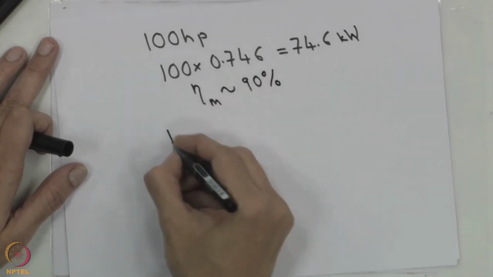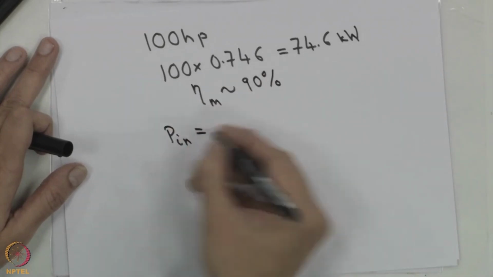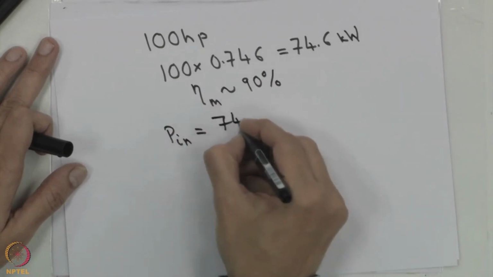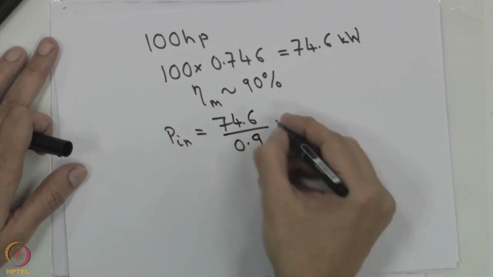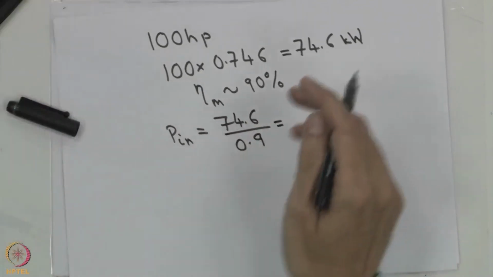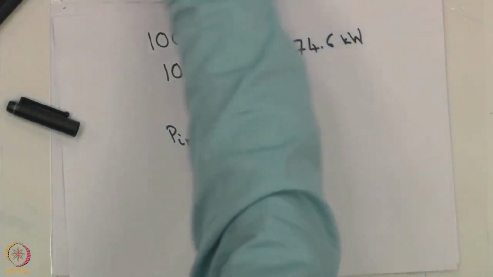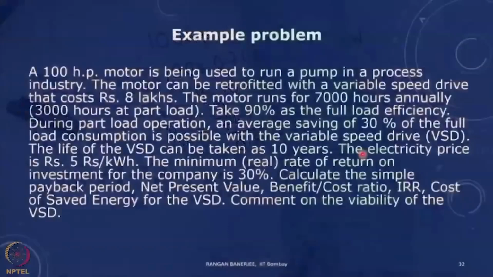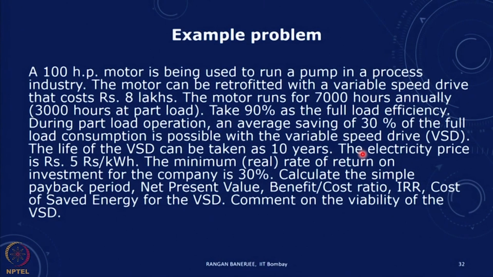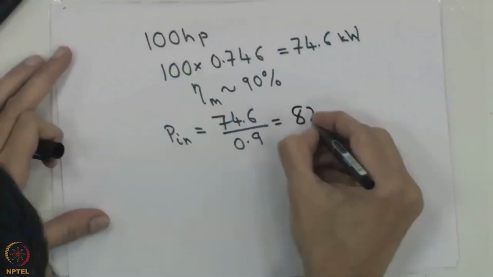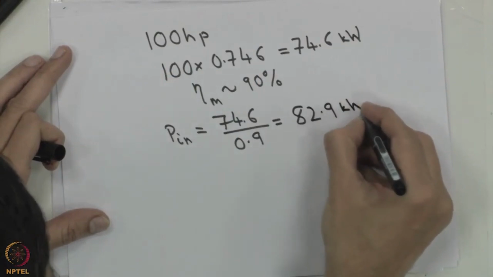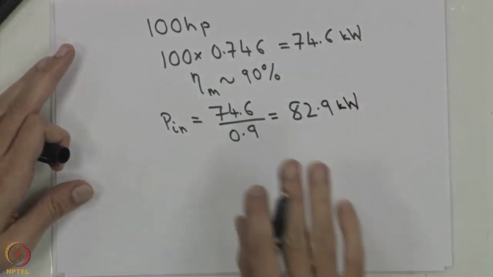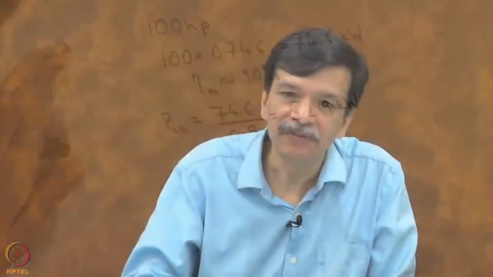So the input power that is required at full load is 74.6 by 0.9, which comes out to be, you can calculate this as 82.9 kilowatt.